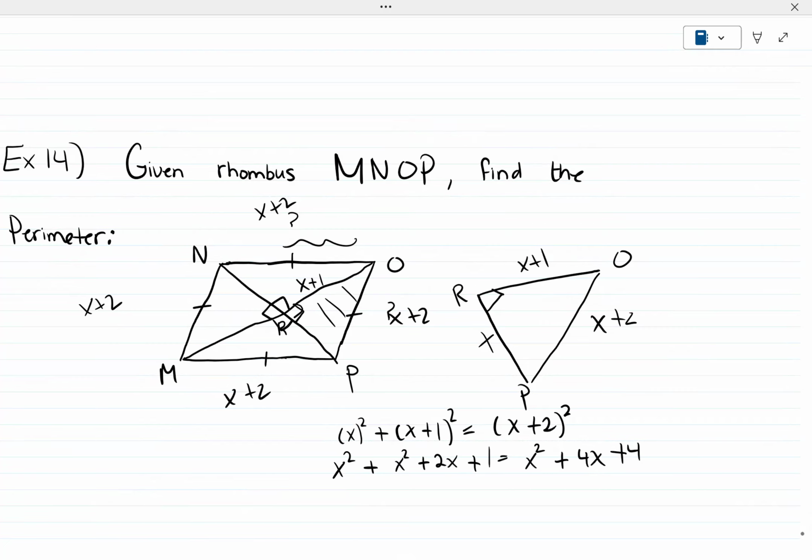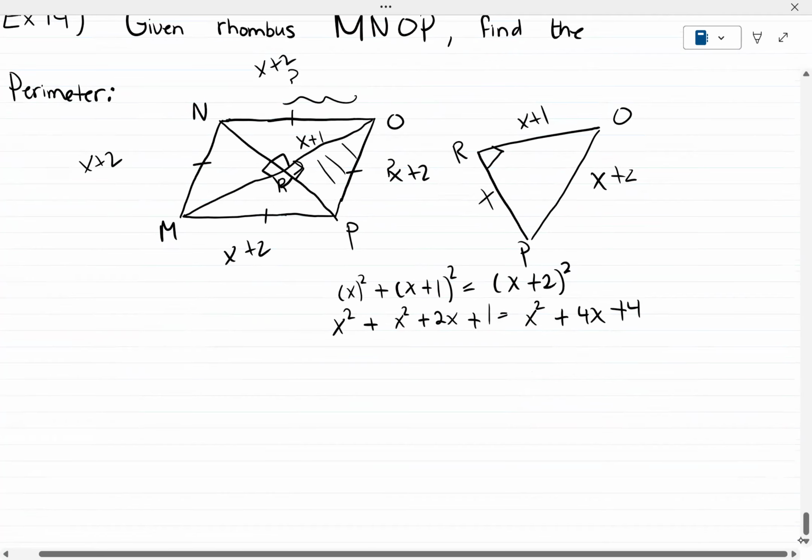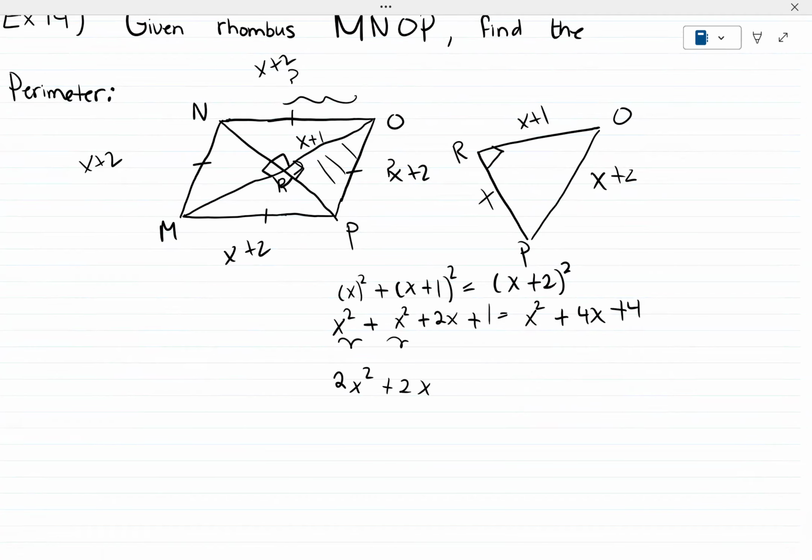Okay, so what we'll do next is bring this up. So x squared plus x squared is 2x squared plus 2x plus 1. And then this is going to be x squared plus 4x plus 4.